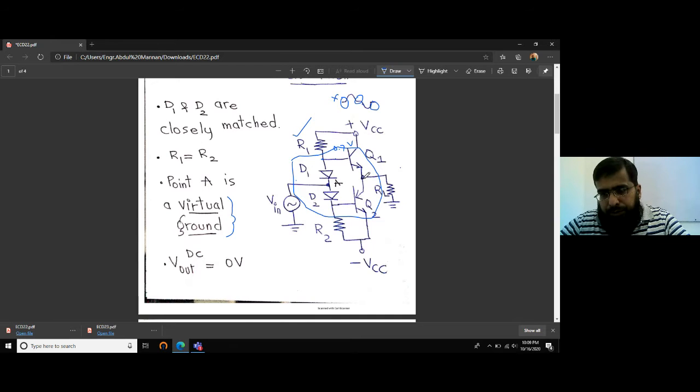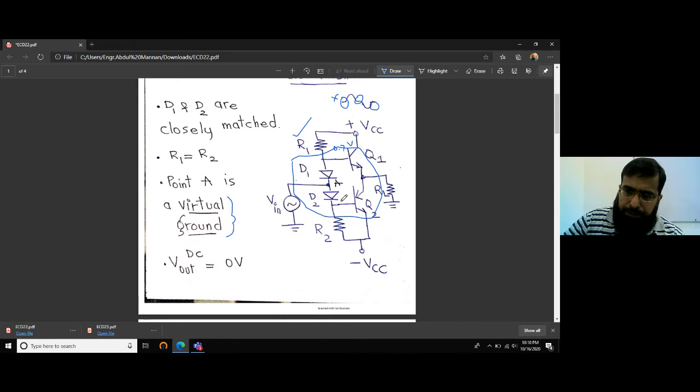The current flows from the anode of this diode to the cathode of this diode, into the ground. So this means there is a path of current. Since this is the path of current, the current should be the same. This is only one circular path of current, so it should remain the same.